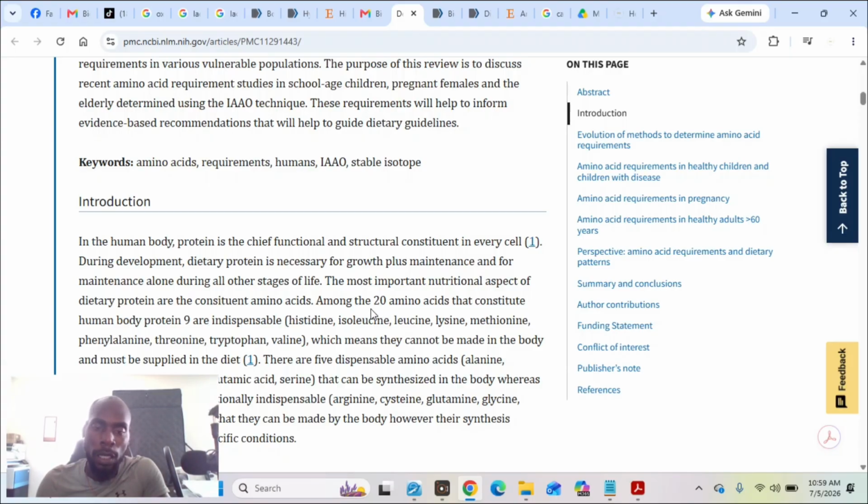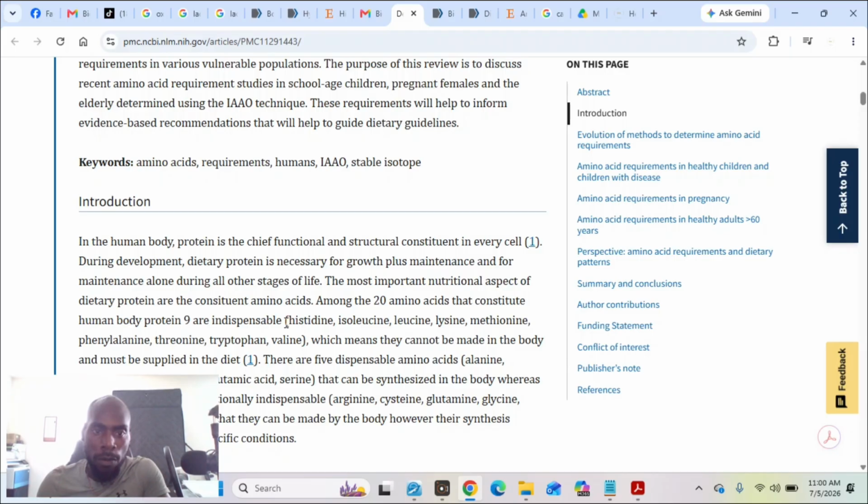Among the 20 amino acids that constitute human body protein, 9 are indispensable.